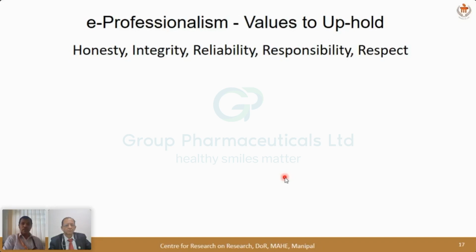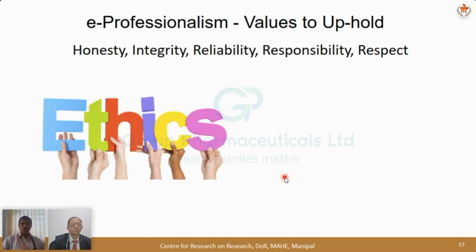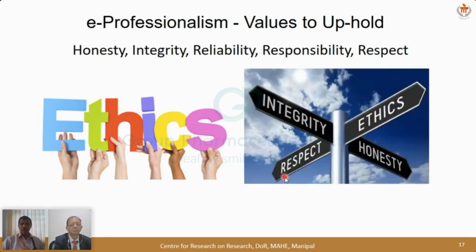Whereas ethics guidelines were implemented by other countries when they invaded India. Of course, integrity, reliability, responsibility, all these terminologies are important, and we generally call them ethical guidelines.